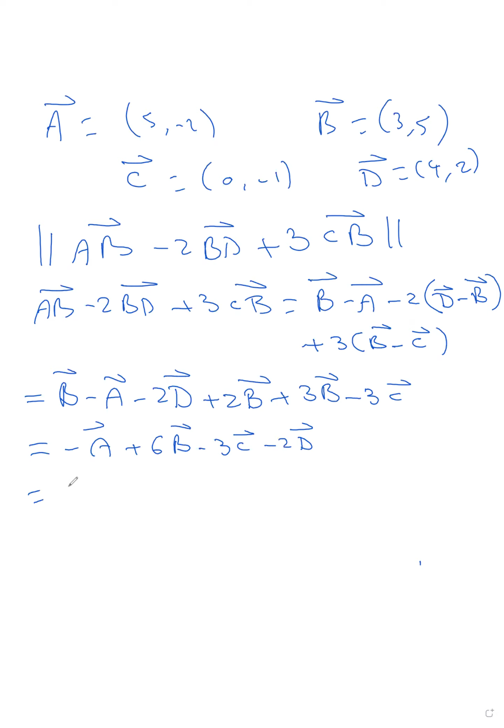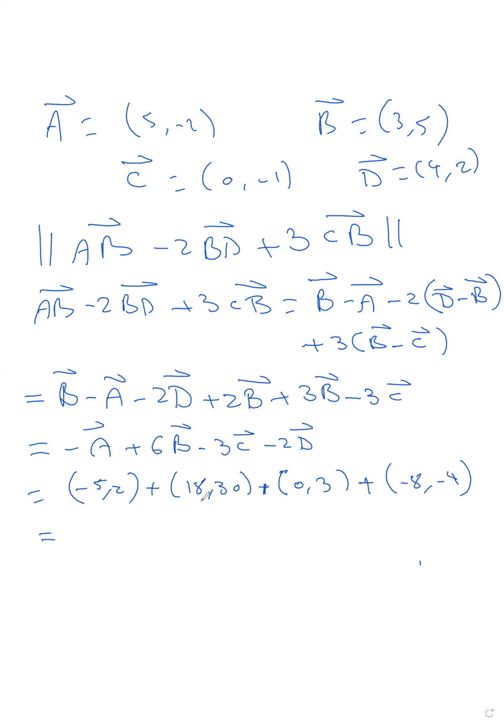Minus vector A means negative 5 and 2, plus 6 vector B means 18 and 30, minus 3 vector C means plus 0 and 3, and then plus negative 2 vector D, which is negative 8 and negative 4. Add them to find one vector.